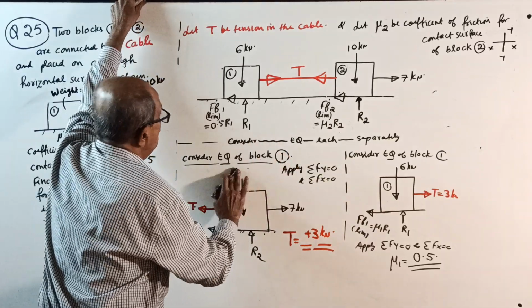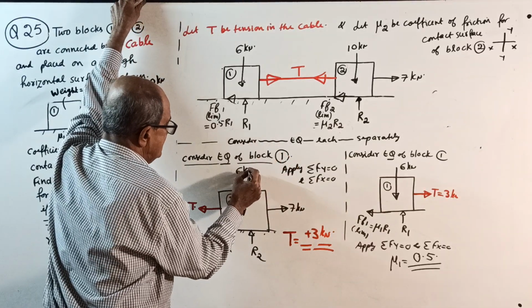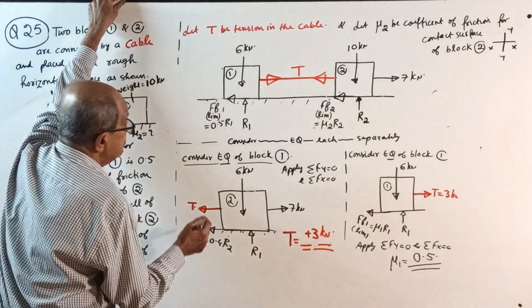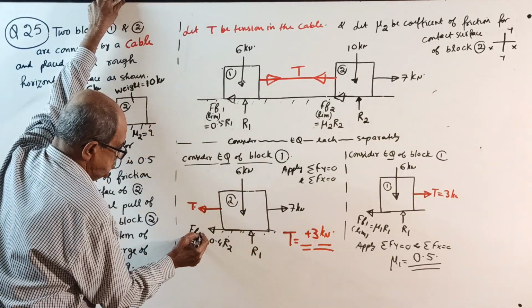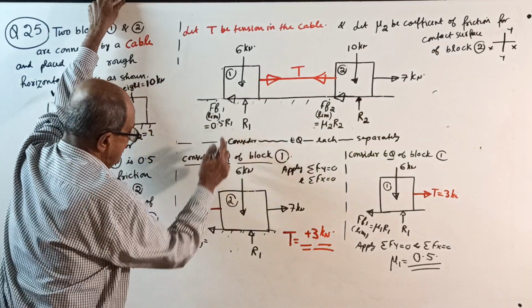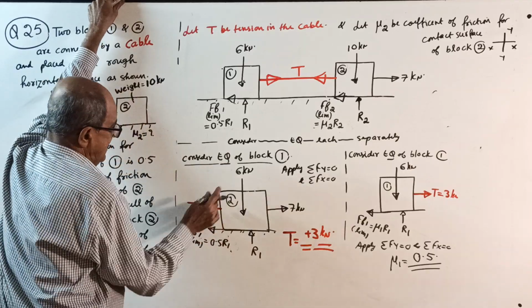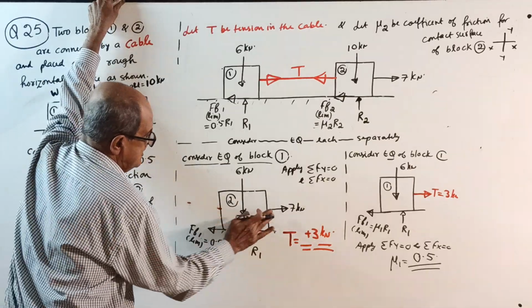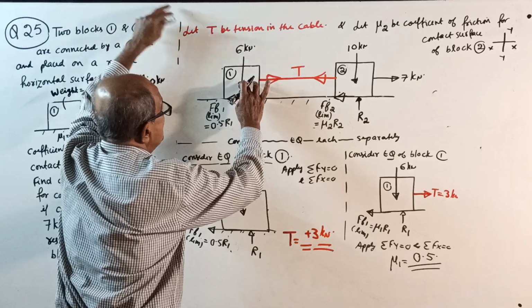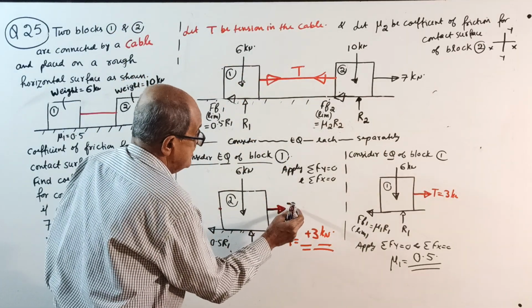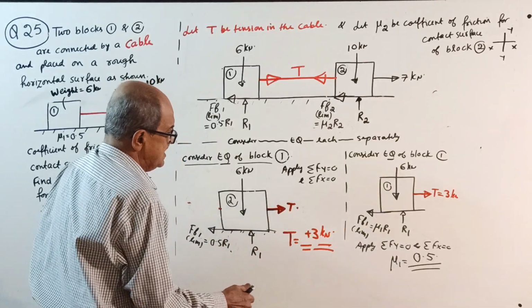Block 1. Weight is 6 kilonewton. Normal reaction R1. Frictional force FF1 is 0.5 R1. And for block 1, consider a tension T here, this way. Don't see that side, I am changing it now.